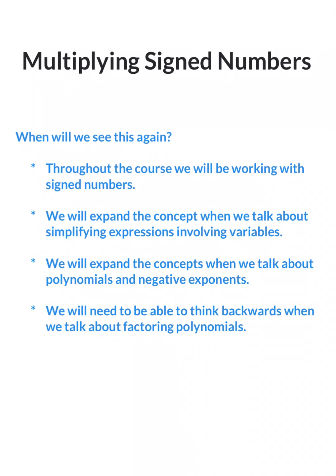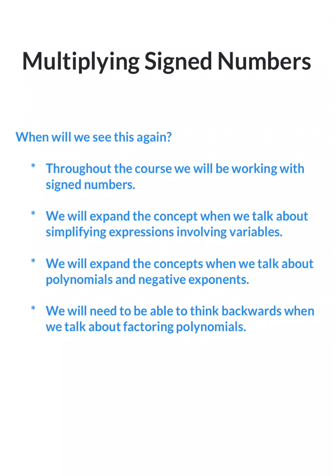This finishes off multiplying signed numbers. So when will we see this again? Throughout the course, we will be working with signed numbers and our 4 basic operations. We will expand the concept of multiplying signed numbers when we talk about simplifying expressions involving variables.